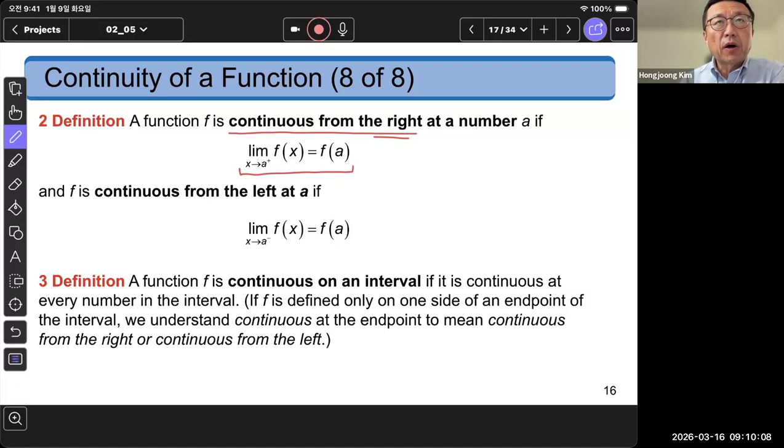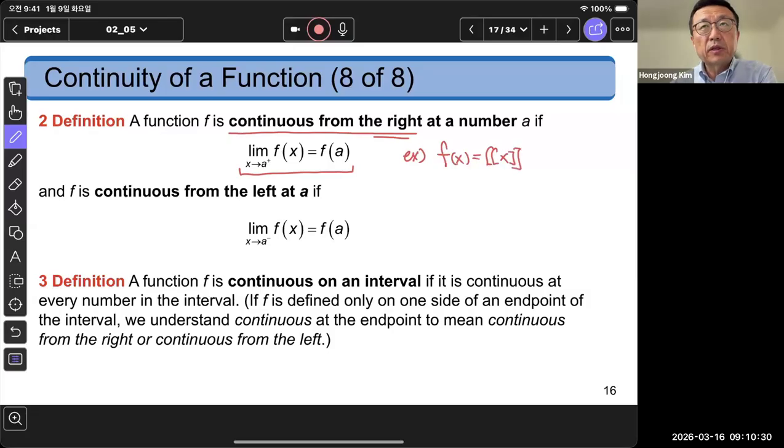The limit of the function as x approaches a, or 1, from the right exists, and that is the same as the value of the function at a. So the function we considered in example 2, especially D, is an example of a function which is continuous from the right at each number.